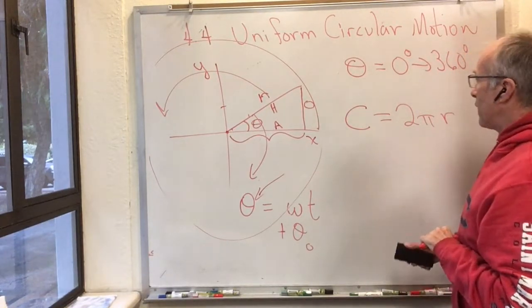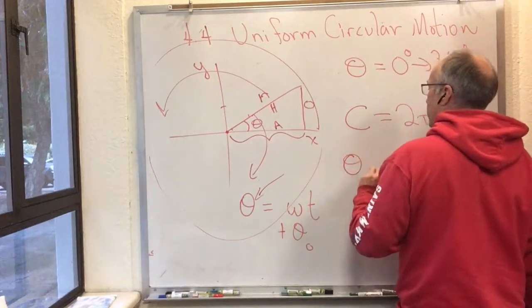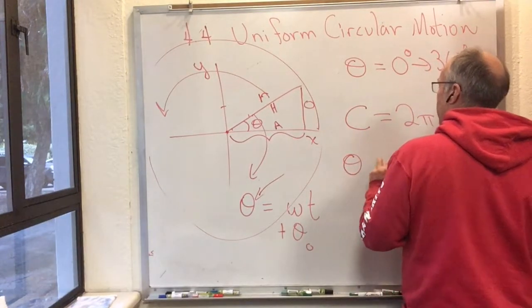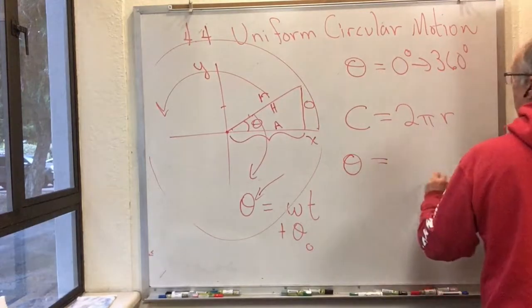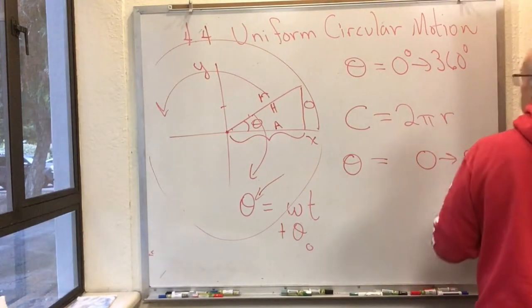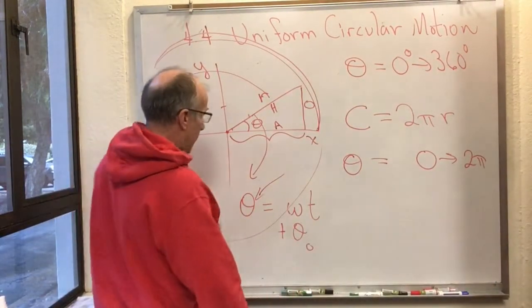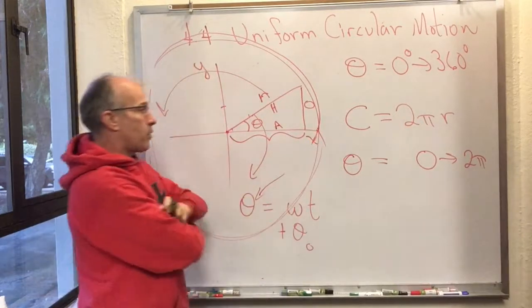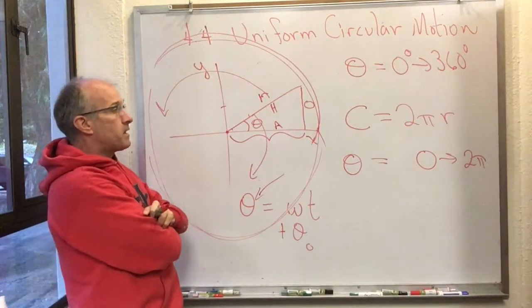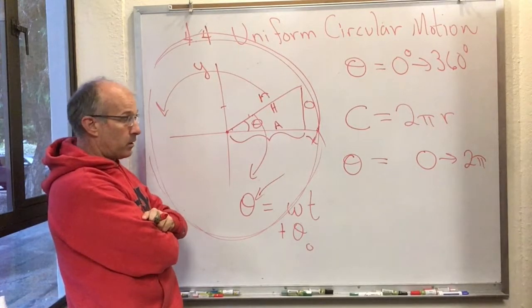So if instead of measuring theta from 0 to 360 degrees, I said theta can be in the range of 0 to 2 pi, then one revolution corresponds to 2 pi. As theta goes from 0 to 2 pi, I trace out the entire circle.